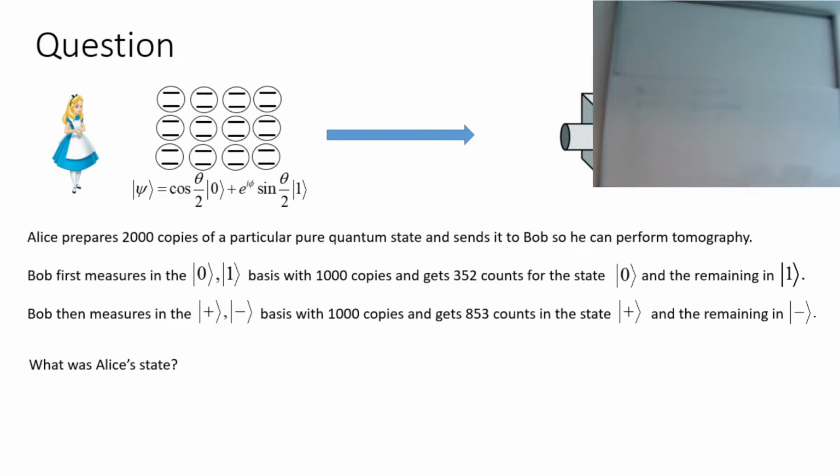Angles. Okay, so the first one is saying theta of 120 degrees. What's the confusion?